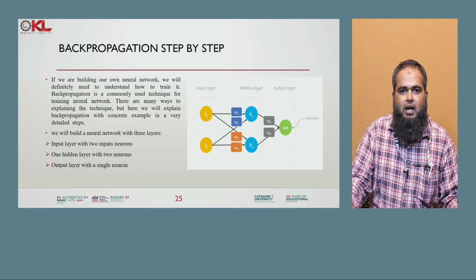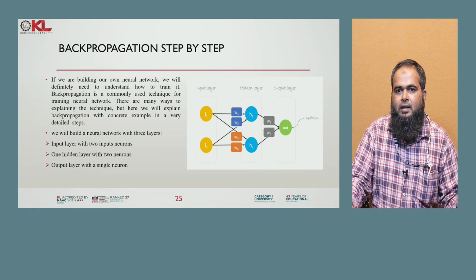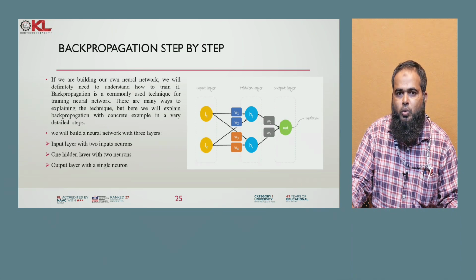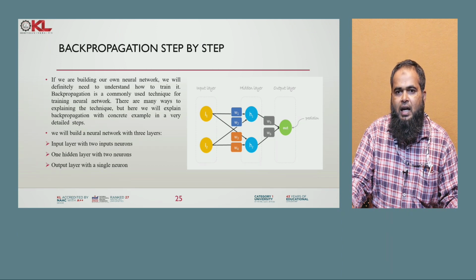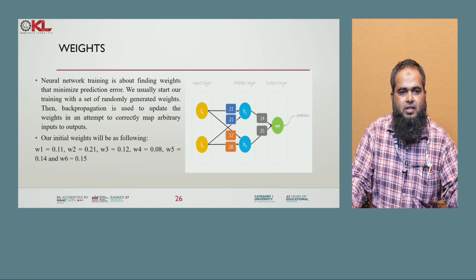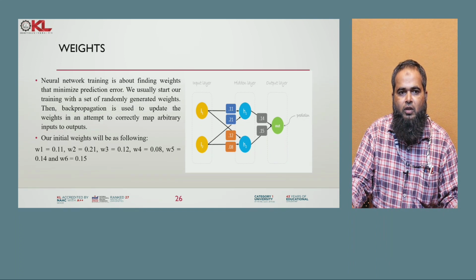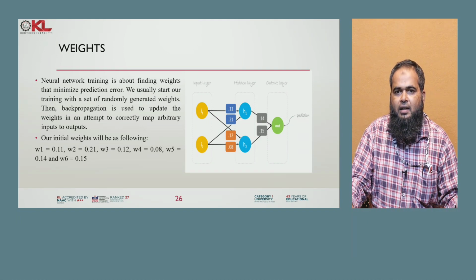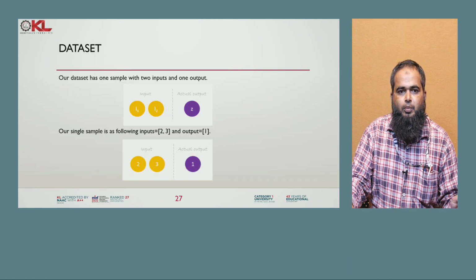So, this is an example. Here there are 3 layers: the input layer has 2 inputs, the hidden layer has 2 nodes, and the output layer has only one node. Our task is to find the output, taking the weights W1 equal to 0.11 and W2 equal to 0.21, and the inputs 2 and 3.